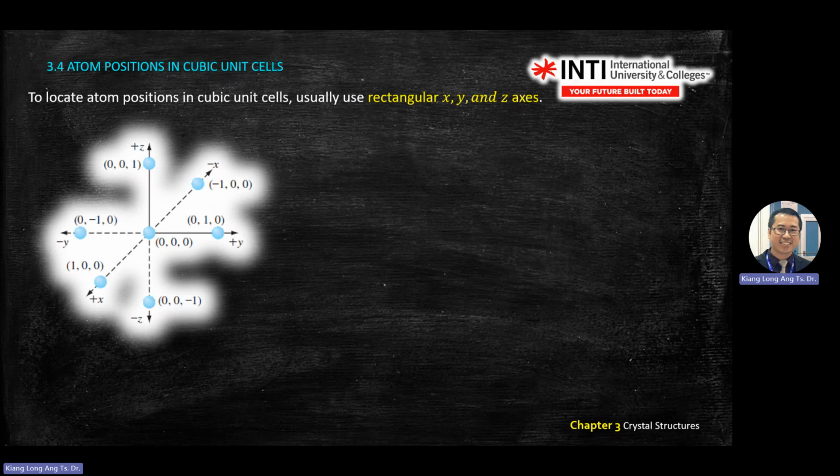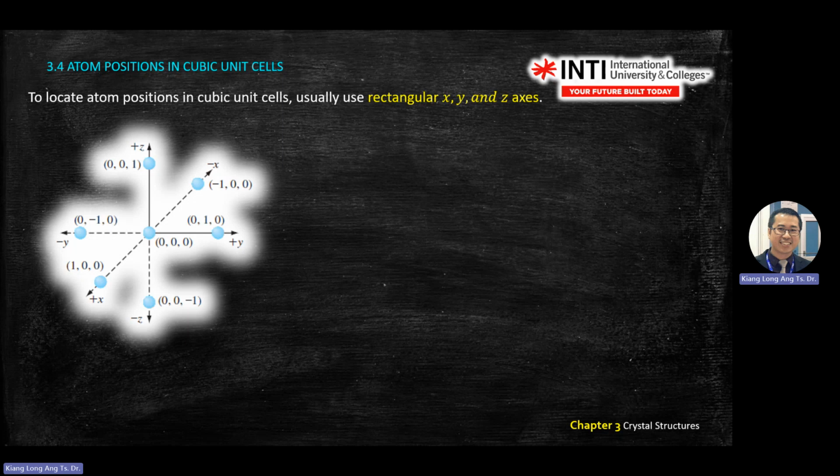If in the x direction, you have 1, 0, 0. 1 means in that particular direction. If you go down, then you have a negative z value. If you go up, then you have a positive z value. If you go in the negative y direction, you have a negative y value. Same with this one: positive y, you have 0, 1, 0.